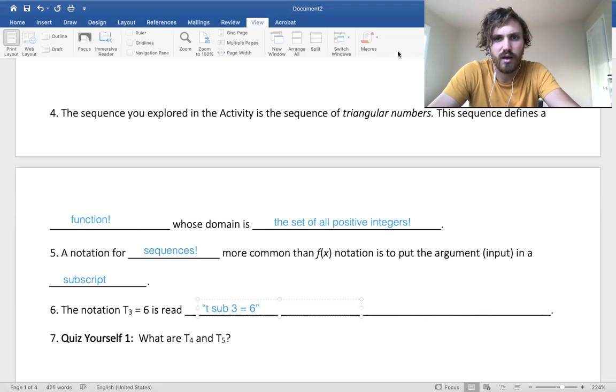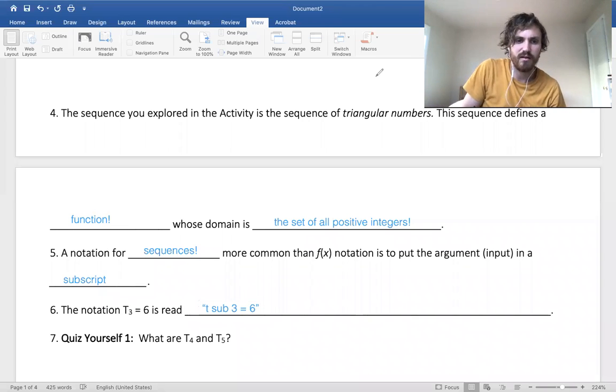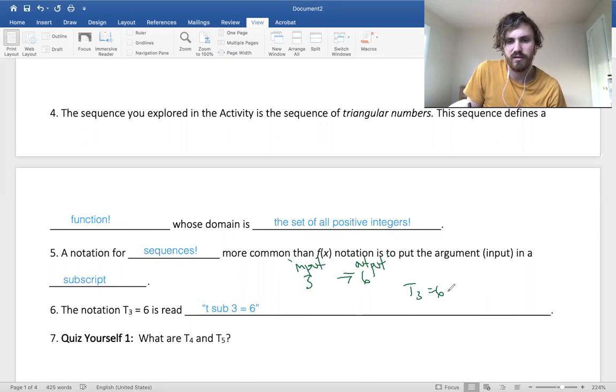This notation means that 3 as an input is being sent to 6 as the output. That's what t sub 3 equals 6 means, in the same way that f of 3 equals 6 would be function notation.